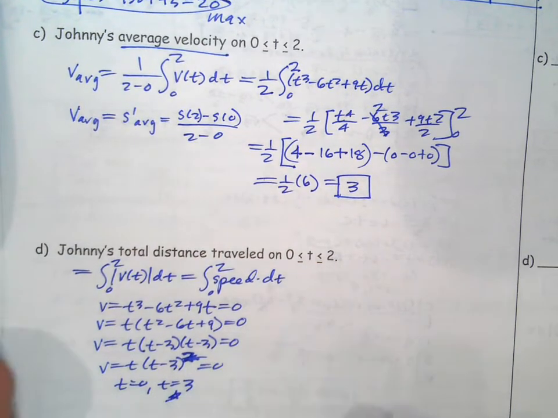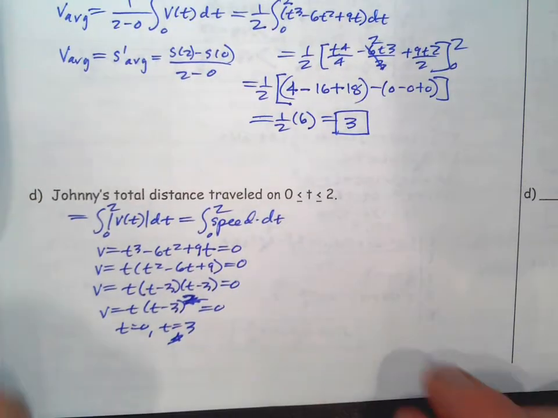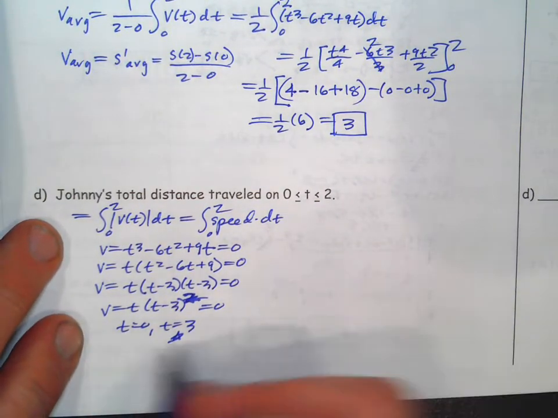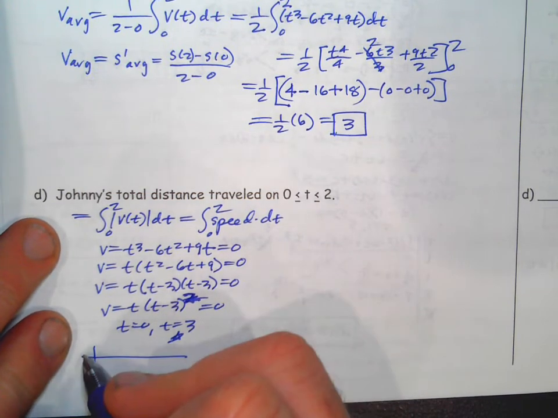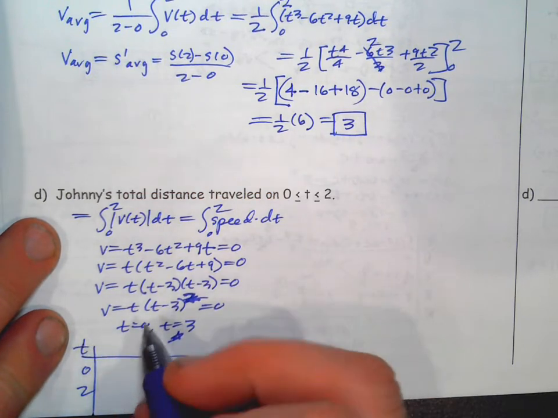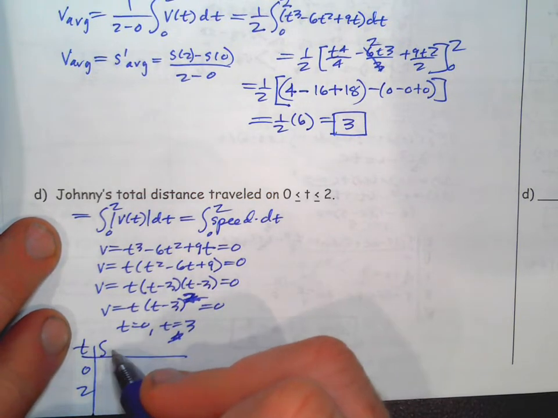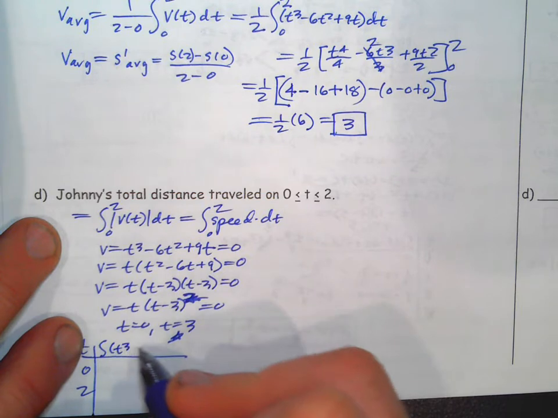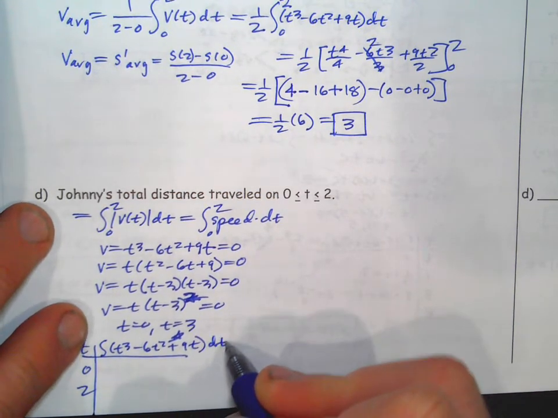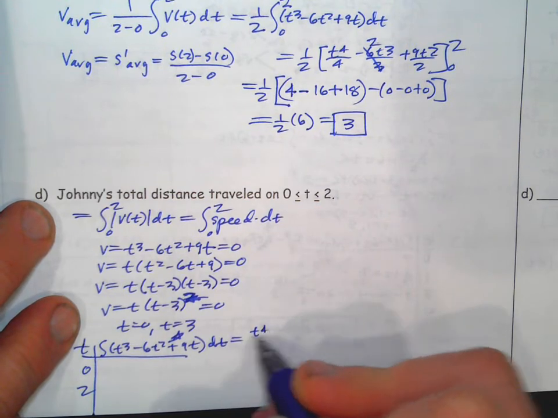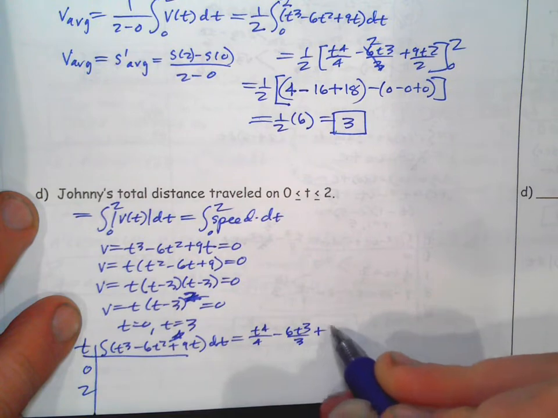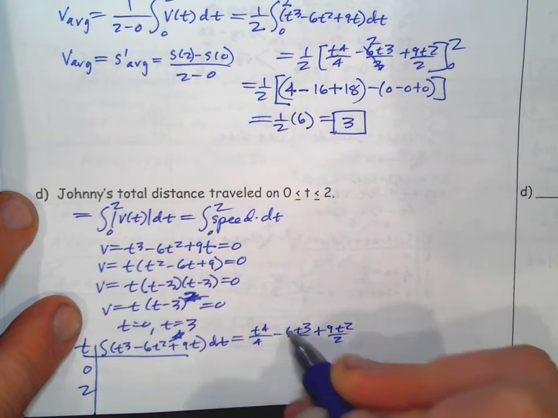But that's a special balance, which would matter if you're going to do a table. But with this, we're going to get pretty nice answers. Now, a table is just going to be 0 to 2. We don't even care about the 3, actually. And we're integrating velocity, t cubed minus 6t squared plus 9t. That's t to the 4th over 4 minus 6t cubed over 3 plus 9t squared over 2.